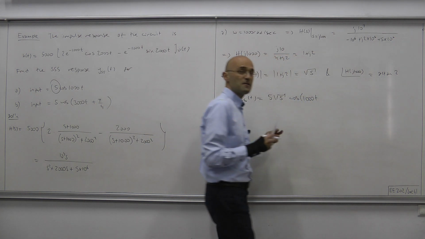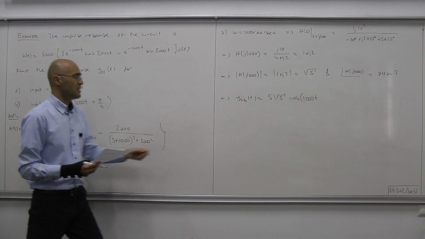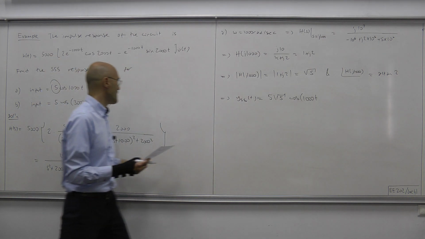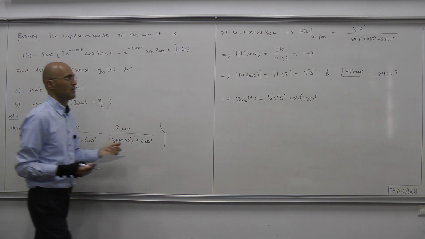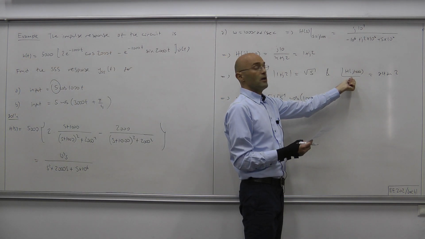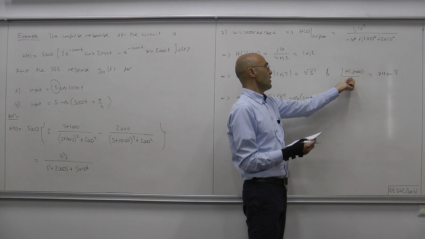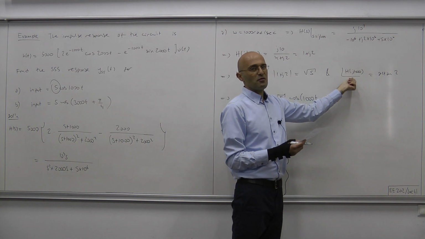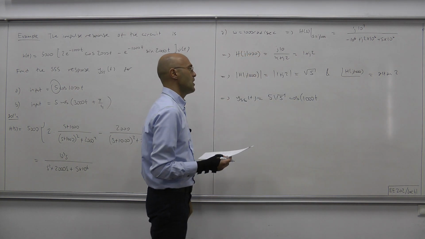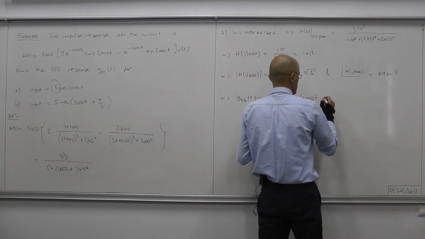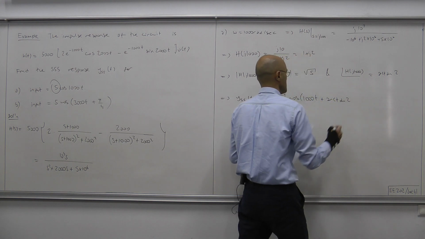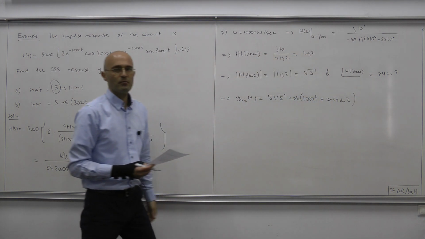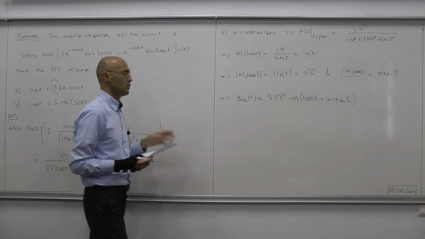As for the phase, you take the phase of the input, which in this case is 0, plus the phase of the transfer function evaluated at jω. So the phase is 0 plus that, hence it's arctangent 2. And that's your steady state solution.